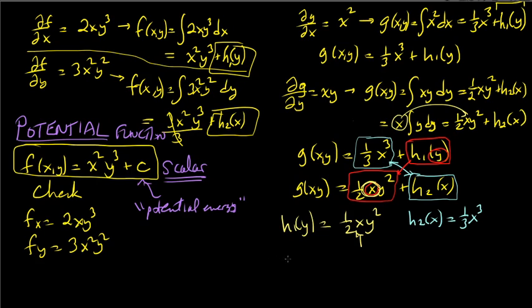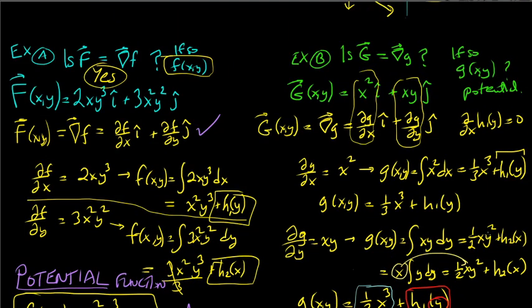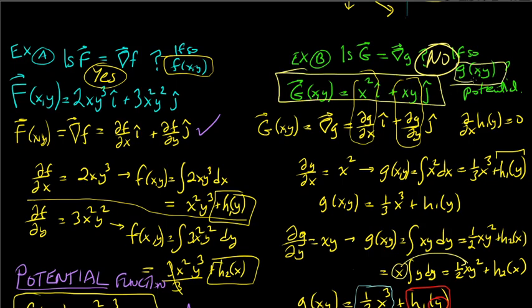So the conclusion is that there is no potential function. There is no little g here. So the answer in this case is no. Capital G, the vector field, x squared i plus xy j, cannot be written as the gradient of this little g.